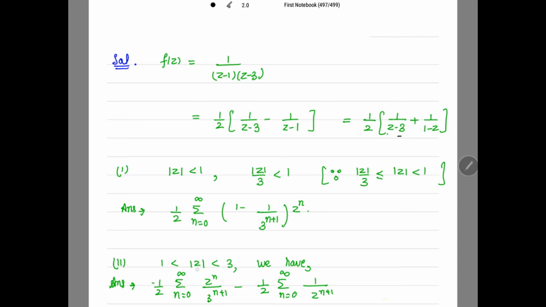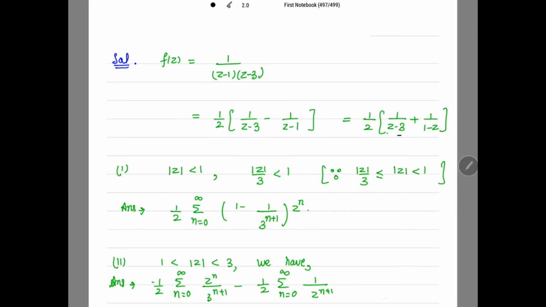Second one, mod z lying between 1 and 3. For this, what are the conditions I have? For 1 less than mod z, I have 1 over mod z less than 1. And from the second, mod z less than 3, I will have mod z by 3 less than 1.